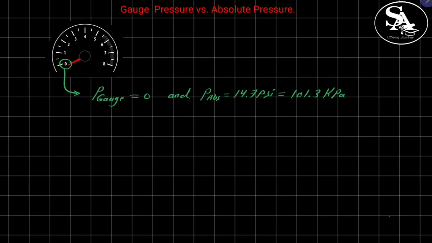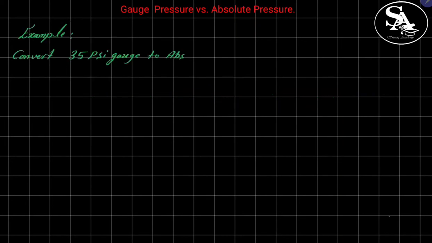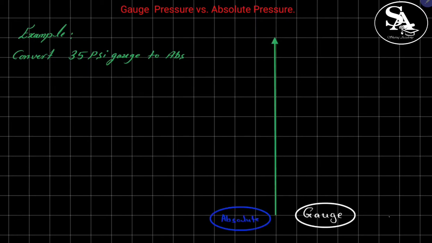Now let's go to the conversion part. How we can convert gauge pressure to absolute pressure or absolute pressure to gauge pressure. First of all, let's clean our page a little bit. Let's do some examples. Let's convert 35 psi gauge to absolute pressure. It's always easy to draw a line. For example, the right side is gauge pressure and the left side is absolute pressure.